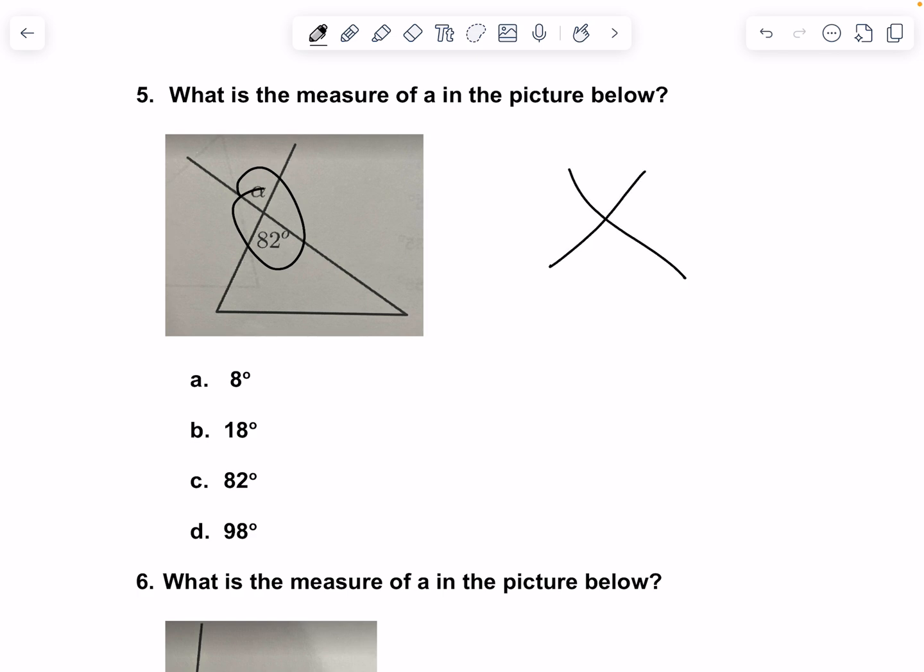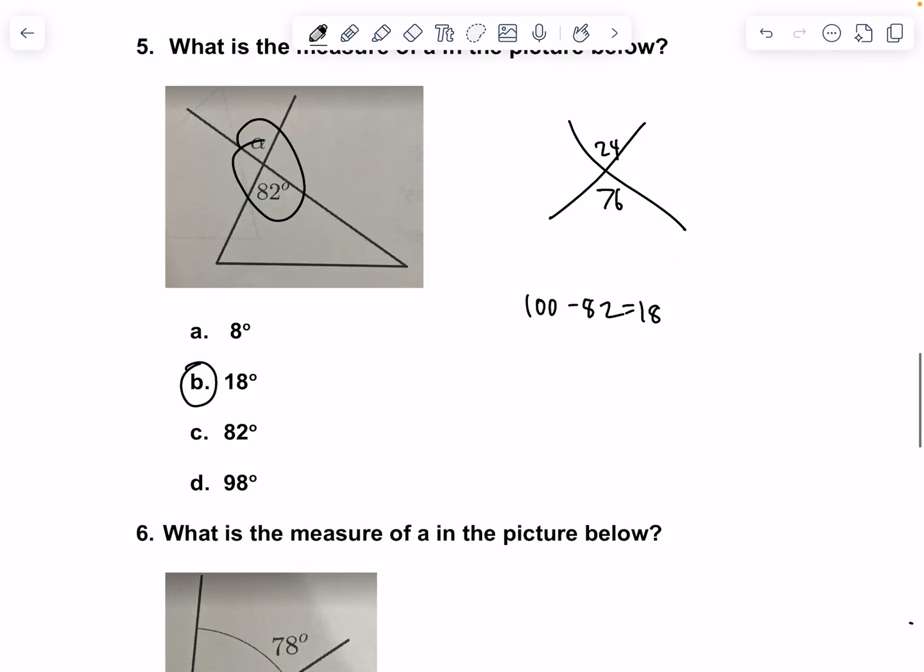So in this case, one is 82. 100 minus 82 equals 18. The answer would be B, 18 degrees.